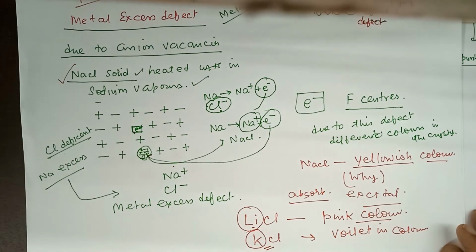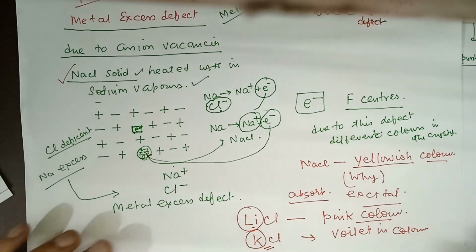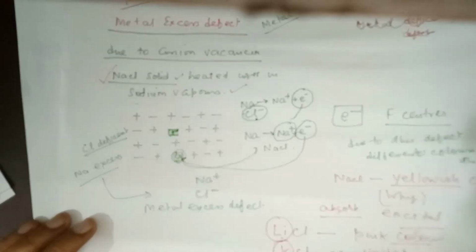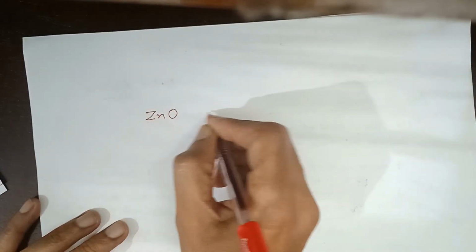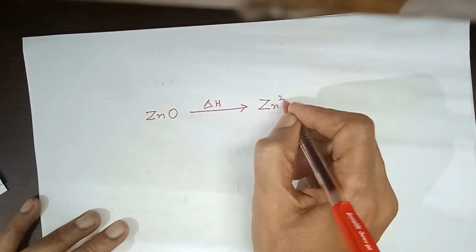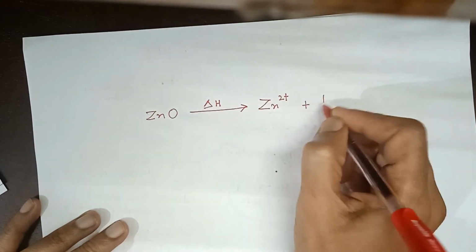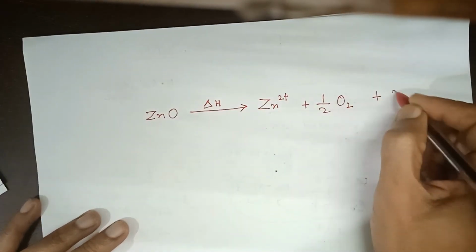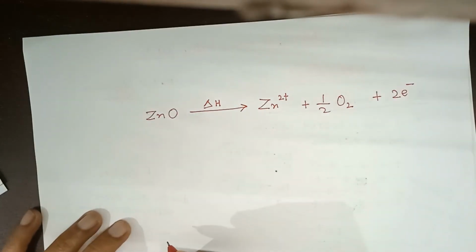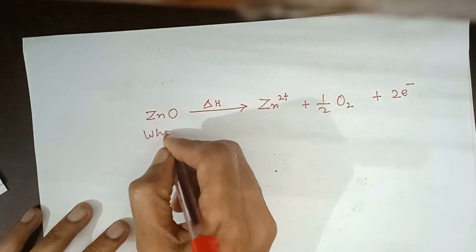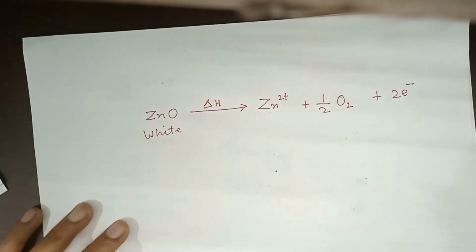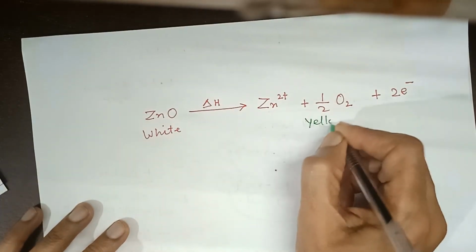Now, one example is zinc oxide. Here one defect is found in zinc oxide, ZnO, when heated. Then it is broken into Zn2 plus ion plus 2 electrons released. So this is white in color and this is yellow. How?